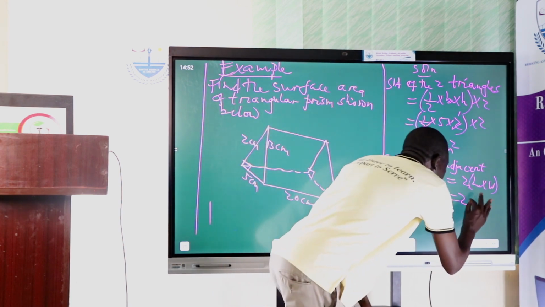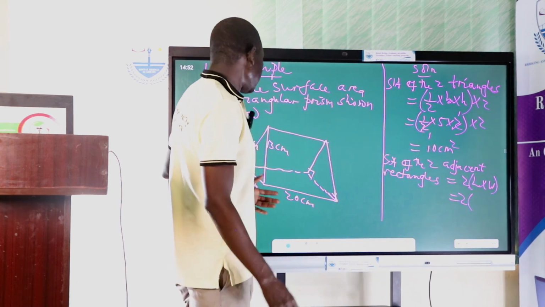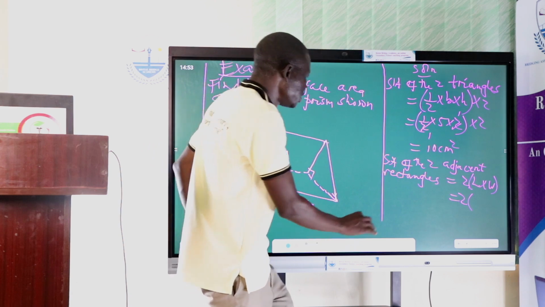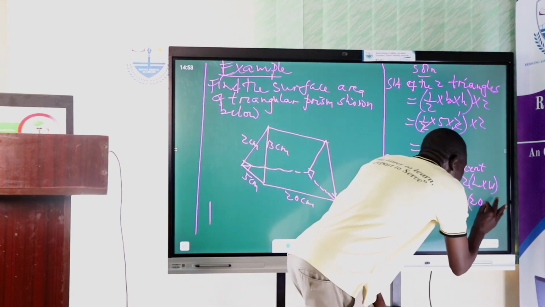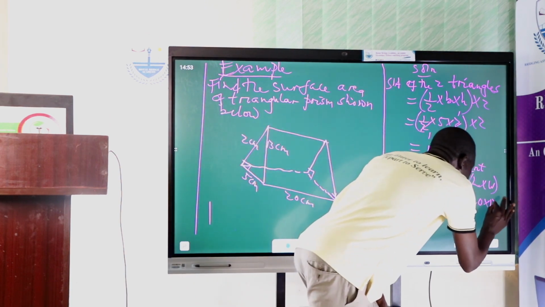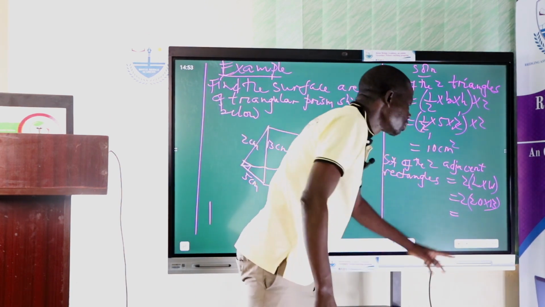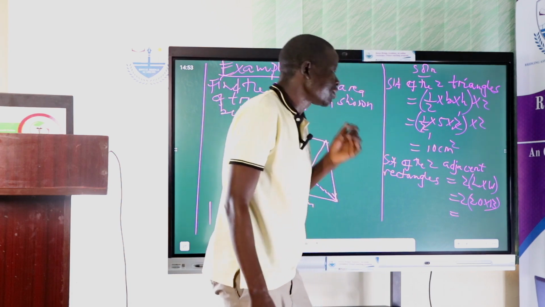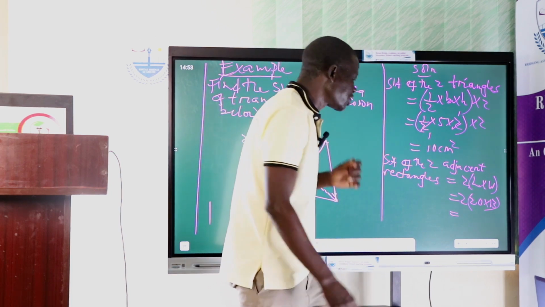So we shall have 2 into the length, which is 20, times the width, which is 13. So 20 times 13, we get 260.